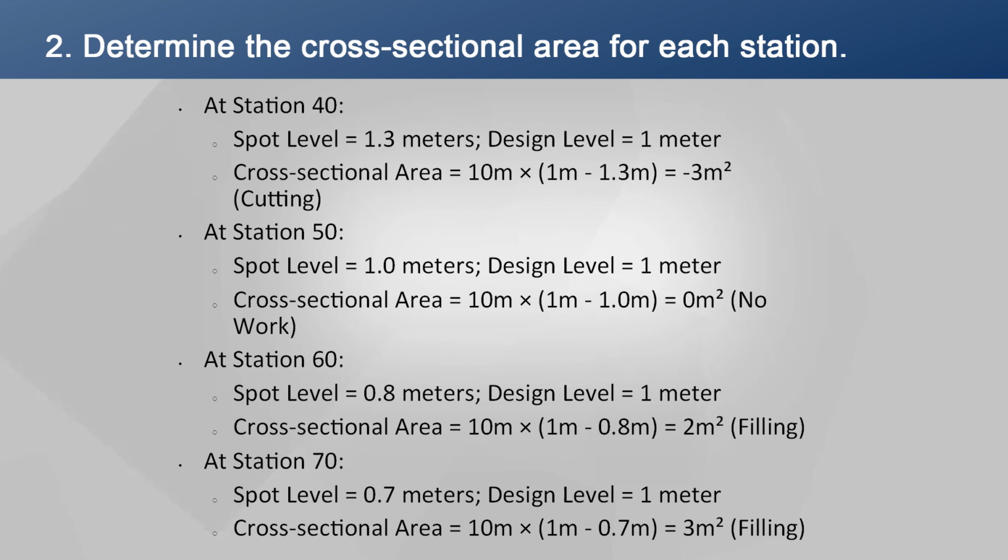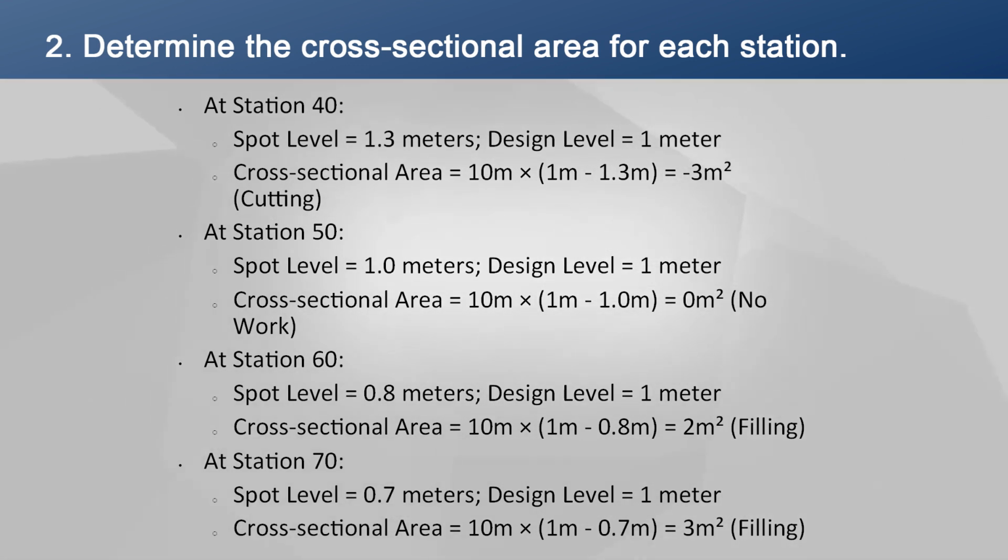So, cross sectional area will be 10 meter into (0.8 meter minus 1 meter). So, it will come out as minus 2 square meter. Again minus denotes filling. Here 2 square meter is the filling quantity, in area terms. Volume we are going to calculate later.